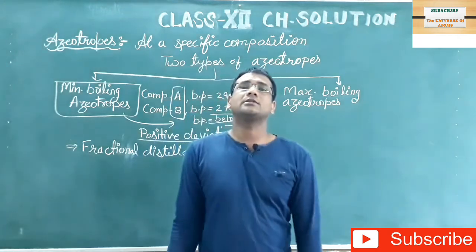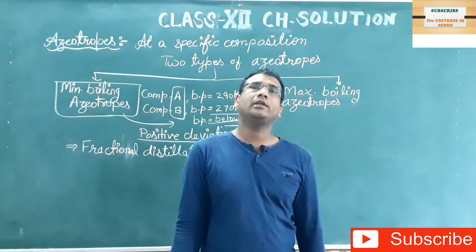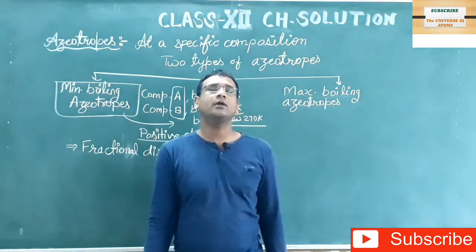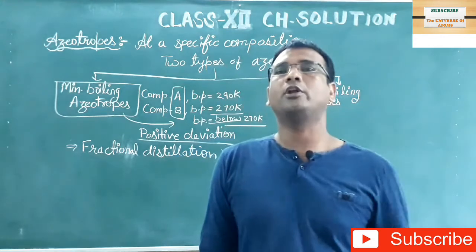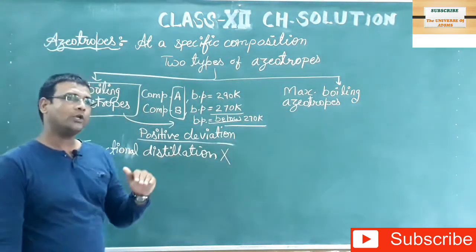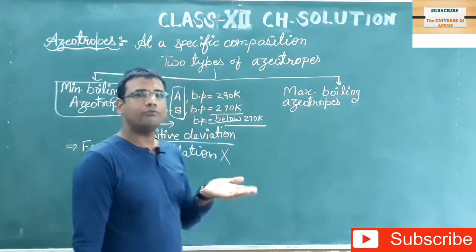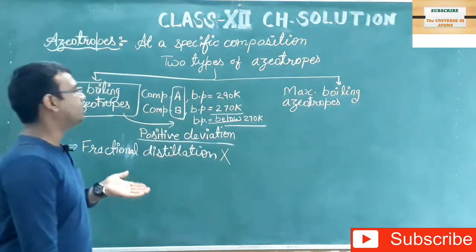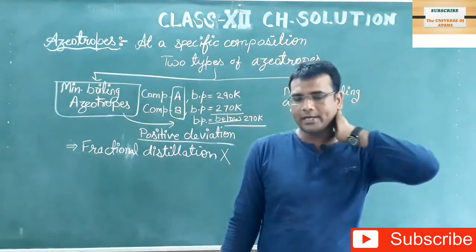In fractional distillation, the components of any liquid mixture are separated on the basis of their boiling point. The liquid which has a low boiling point will start boiling first and form vapor, and then the vapor will pass in an upward direction.